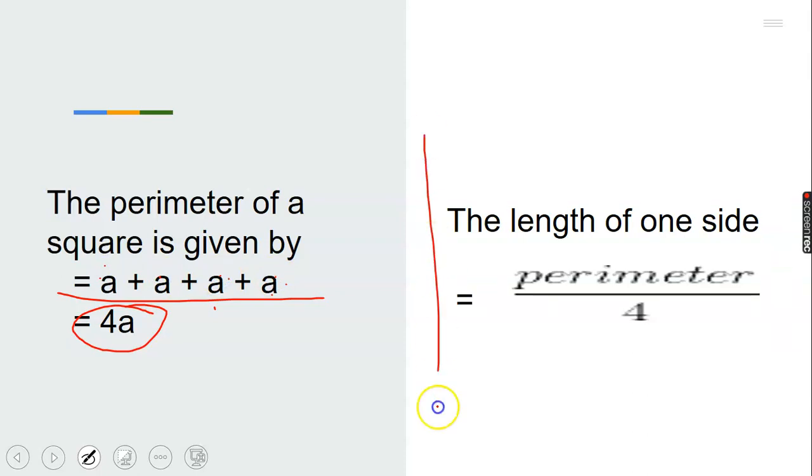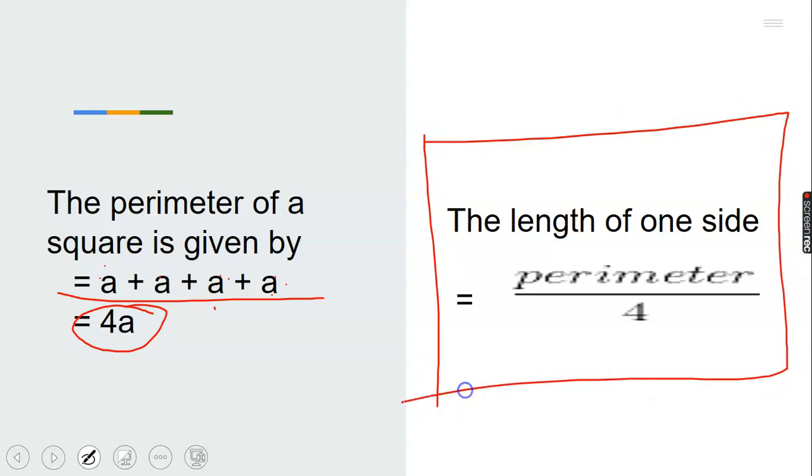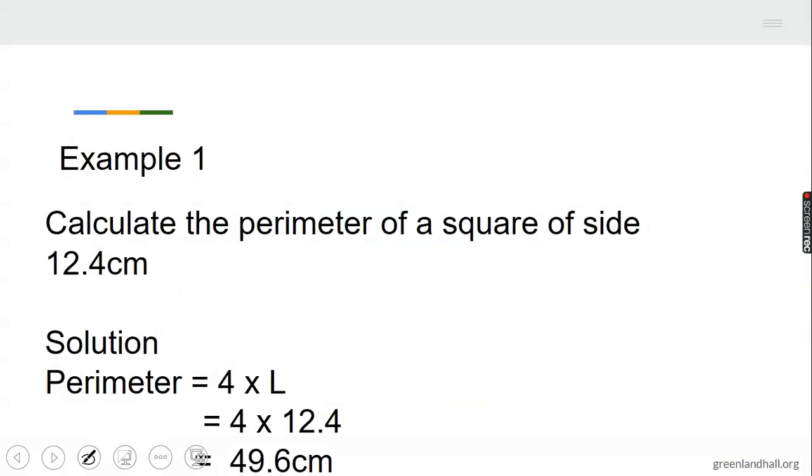And again, if you are asked to calculate the length of one side, given the perimeter, then L equals perimeter divided by 4. That is, once you are given the perimeter of a square, to get the length of one side, you divide the perimeter by 4.